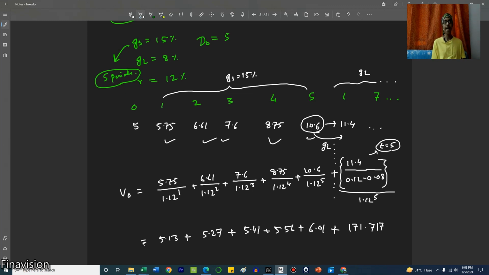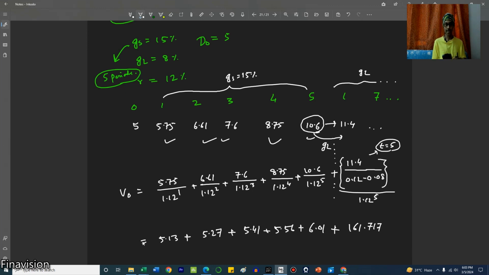We can just add all of this up to get the V0. Finally, V0 is, sorry, this is 161, guys. 161.717.